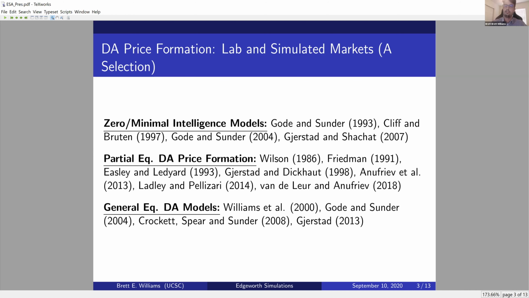And then Crockett, Spear, and Sunder take a more advanced attempt at this. So what I'll be doing today is looking at two of these models, namely Gode-Sunder 1993, the original Zero Intelligence paper, and then Gjerstad and Dickhaut 1998, which is a paper that uses a belief-based or belief-driven setting to get their price formation or price dynamics.